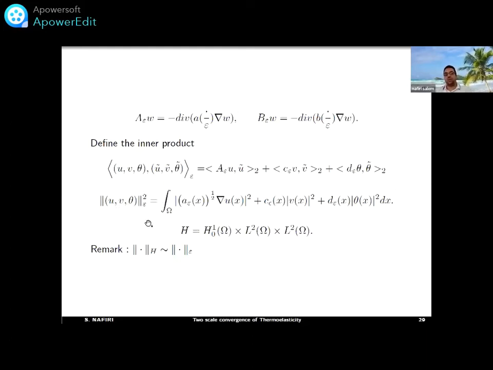Of course the energy of our system is just 1/2 times this norm, and the state space is H^1_0 times L2 times L2. Here a remark: we can show, according to the hypotheses, that each norm is equivalent to the epsilon norm. So if we get information on the asymptotic behavior of each norm, we can deduce what happens for the epsilon norm and vice versa.